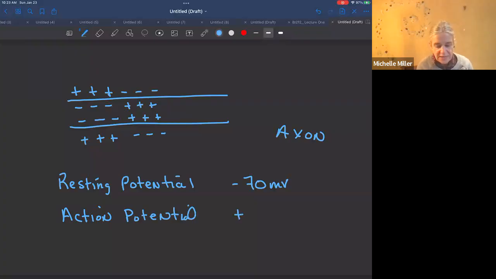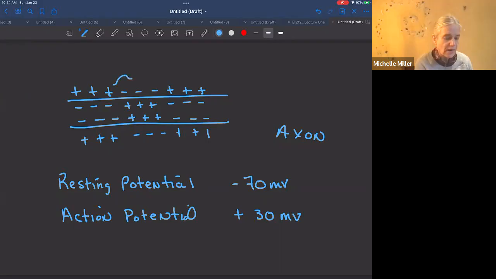And so the action potential is measured at 30 millivolts. Now, this action potential is a brief reversal of the charge, so that if we look at this, we could see that before and after that action potential, there is a reestablishment of the resting potential.